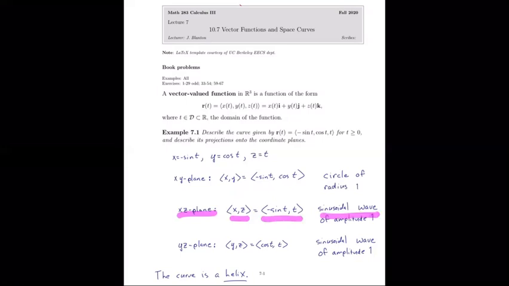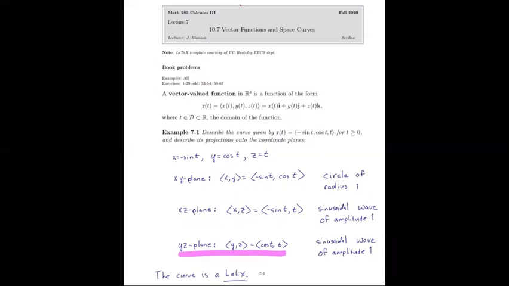That's the parametrized version of y equals negative sine of x, where x is equal to t and y is equal to negative sine of t, with the roles of x and y there. In this case, we are talking about x and z, so that's the xz plane. Again, that wave has amplitude 1, and then the yz plane is cosine of t, t.